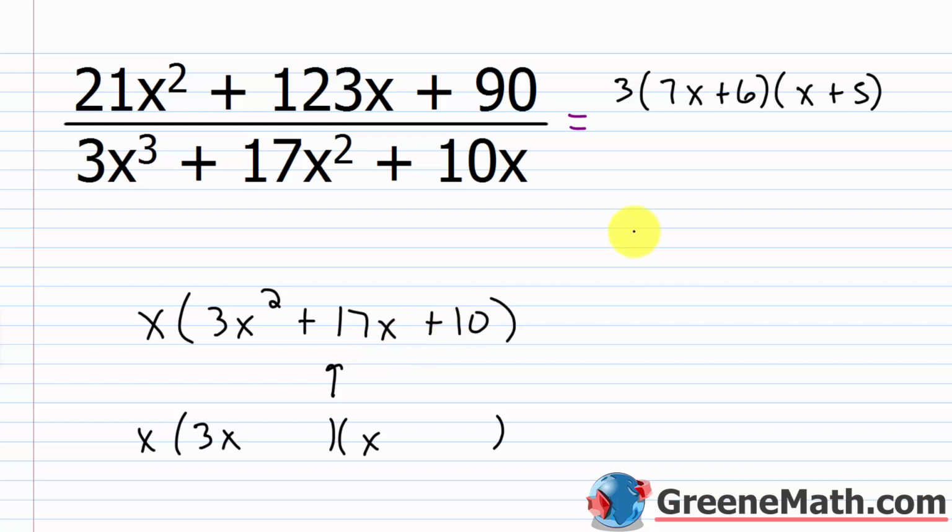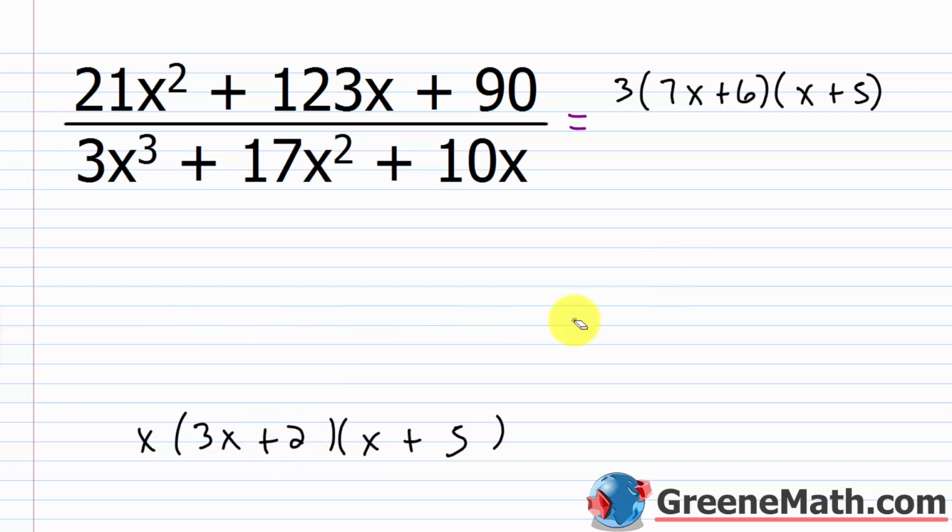And the factors of 10, you've got 1 times 10, you've got 2 times 5, and that's it, right? So if I want 17, I could multiply 3 times 5 and get 15. And I could multiply 2 times 1 and get 2. And 2 plus 15 would give me 17. So we would have x times the quantity 3x plus 2 times the quantity x plus 5.